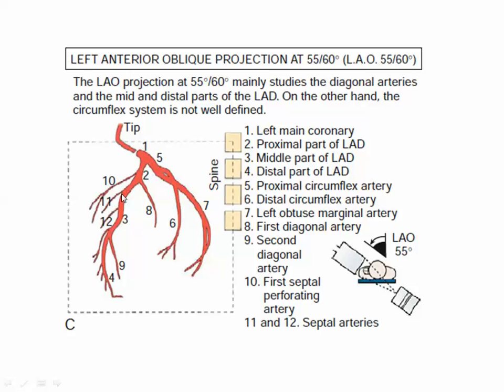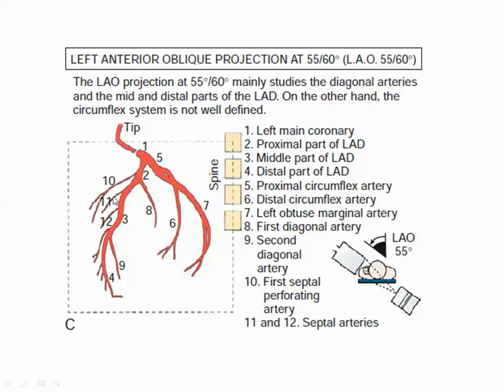Okay. So what's this vessel? LAD, and this LCX. Okay. This is the best view to view the diagonals, a wide angle between the LAD and diagonals, if there is overlap.